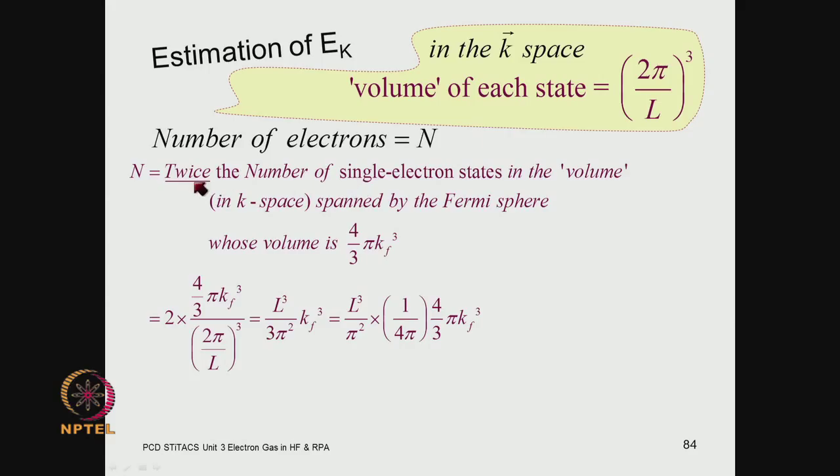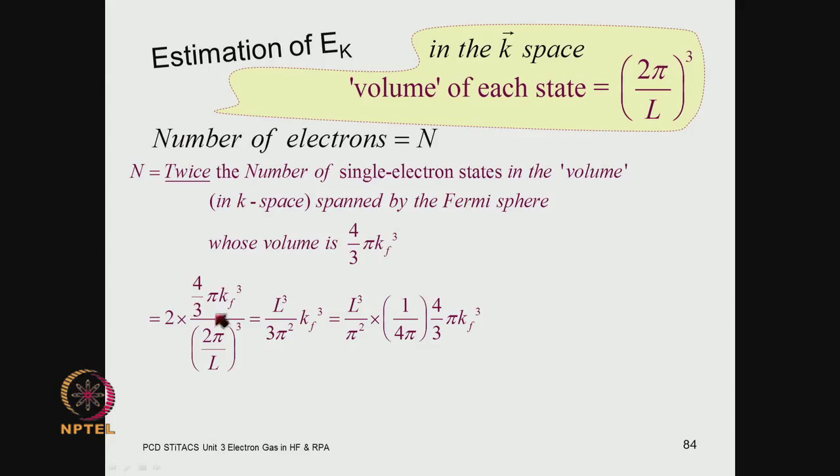So this will be twice the number of single electron states in the volume spanned by the Fermi sphere, and this volume is 4/3 π k³, right.